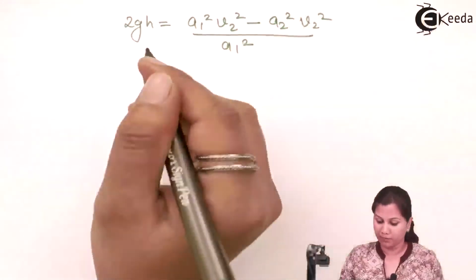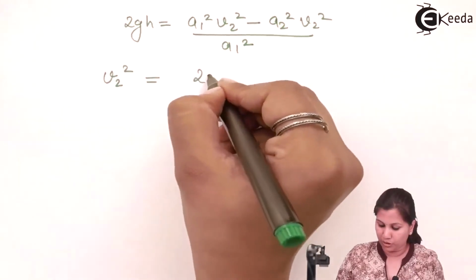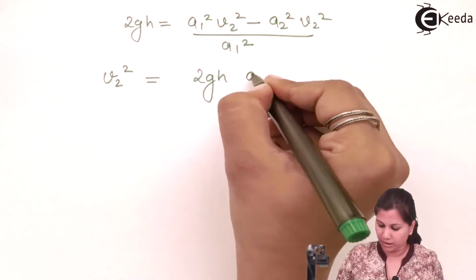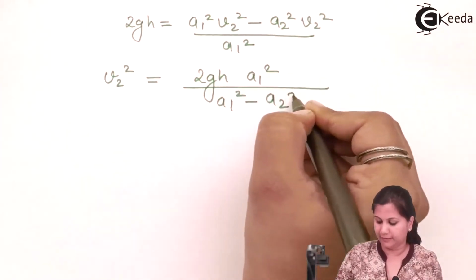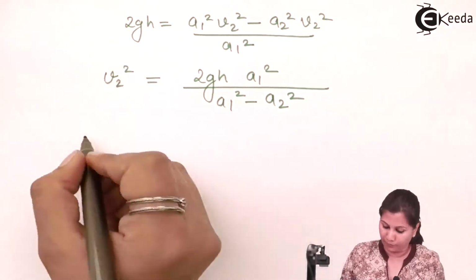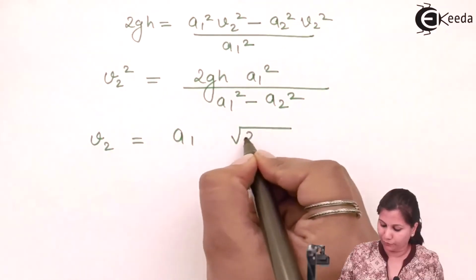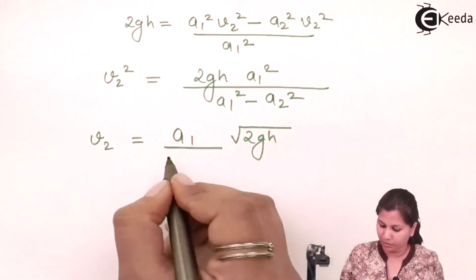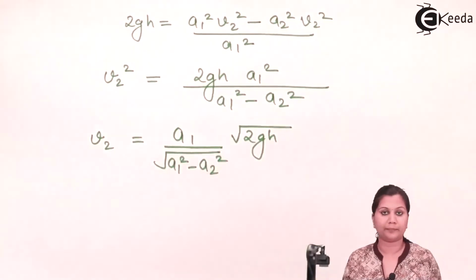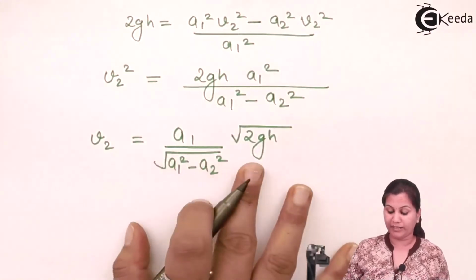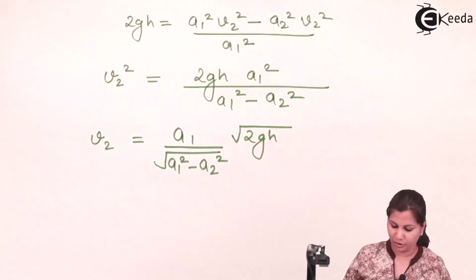Taking V2 square common, V2 square is equal to 2GH A1 square upon (A1 square minus A2 square). So from this, V2 is equal to A1 under root of 2GH upon under root of (A1 square minus A2 square). So in this way we can find out the velocity of the fluid. V2 is the velocity.